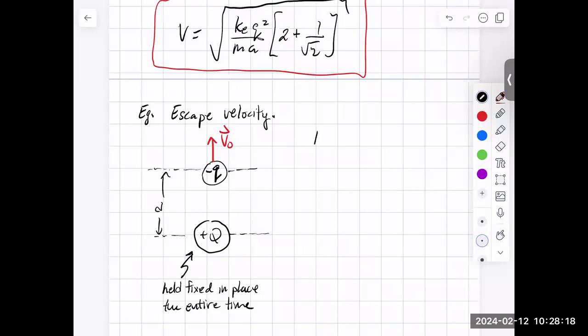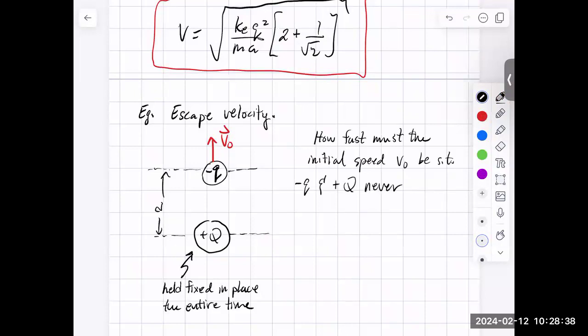How fast must the initial speed v naught be such that minus q and plus big Q never come together?